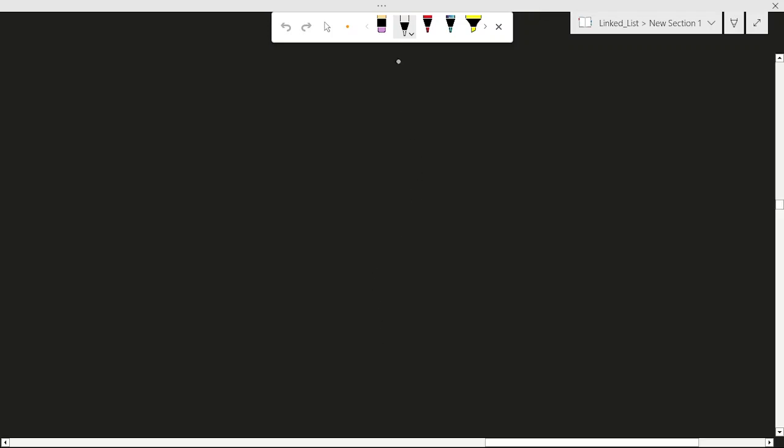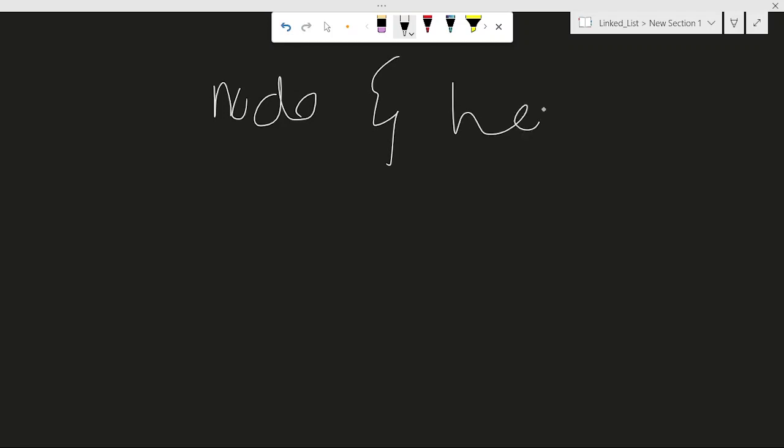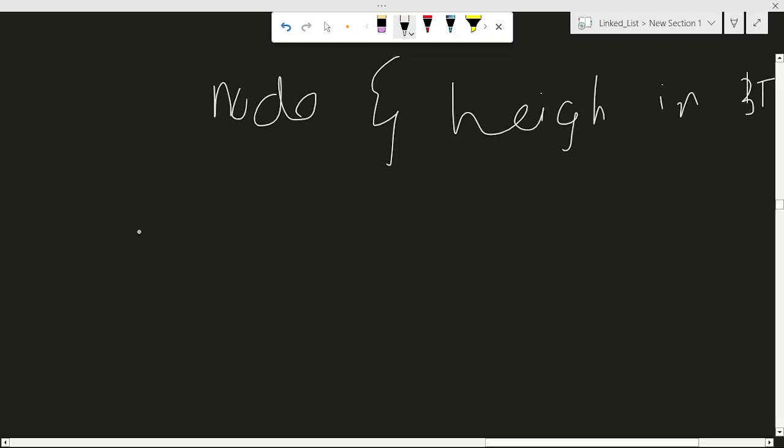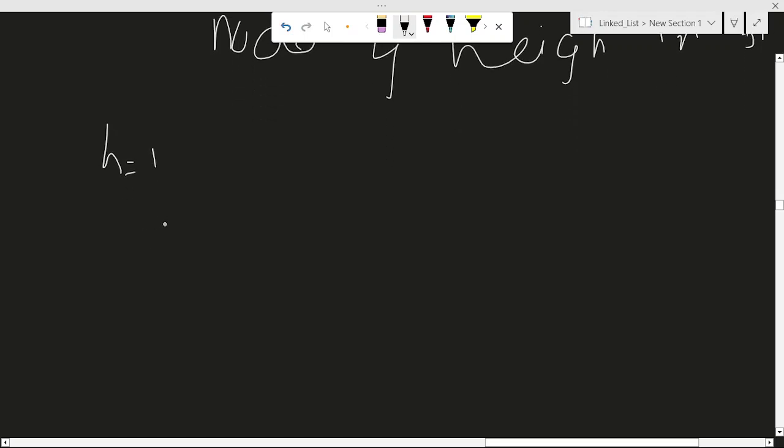Okay, right. Now, what is the relation between node and height? That is what our discussion is in binary tree. Now, imagine I have h is equal to 1. That means I can reach till height 1.